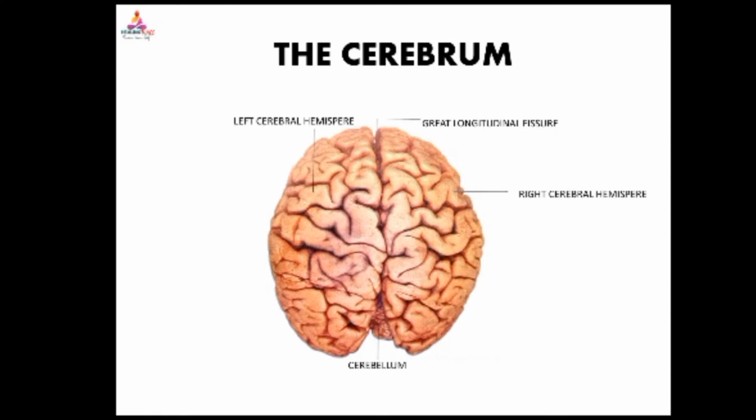Each cerebral hemisphere consists of a surface layer of gray matter called the cerebral cortex and a central core of white matter. In the basal part of the latter are located large masses of gray matter known as basal nuclei or ganglia.